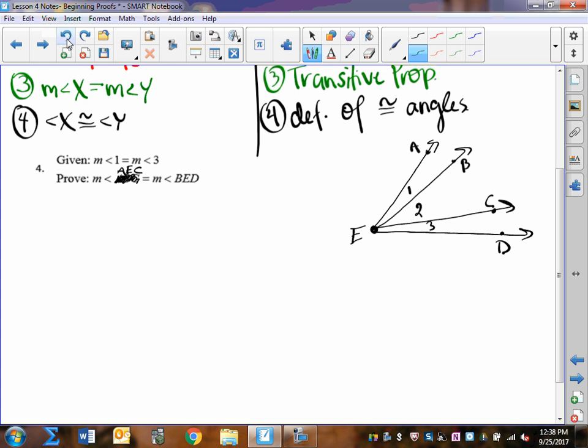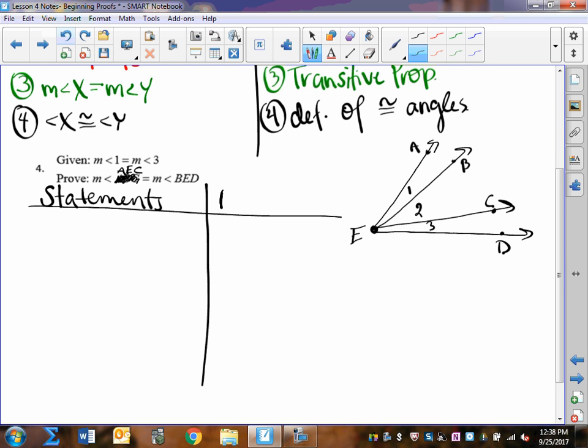Sometimes you do have to change in the middle, but it doesn't look like we'll have to. All right, let's go ahead and start off with what we know. Statements and reasons. And they gave us that the measure of angle 1 is equal to the measure of angle 3. That has been given.